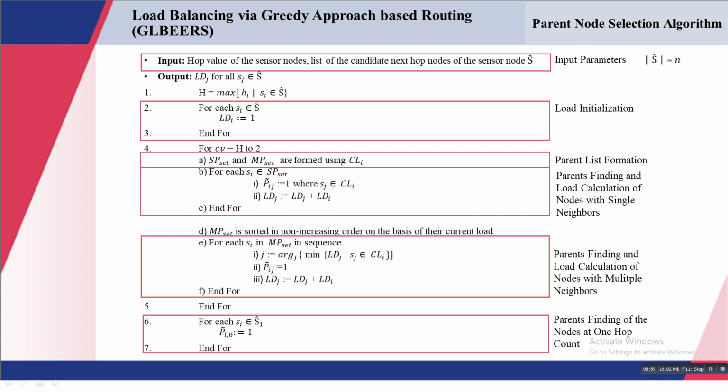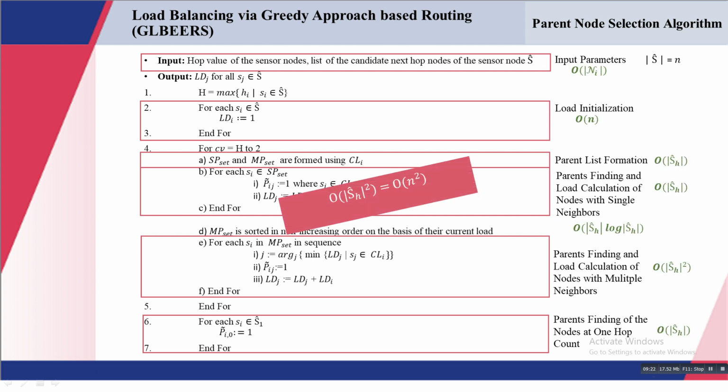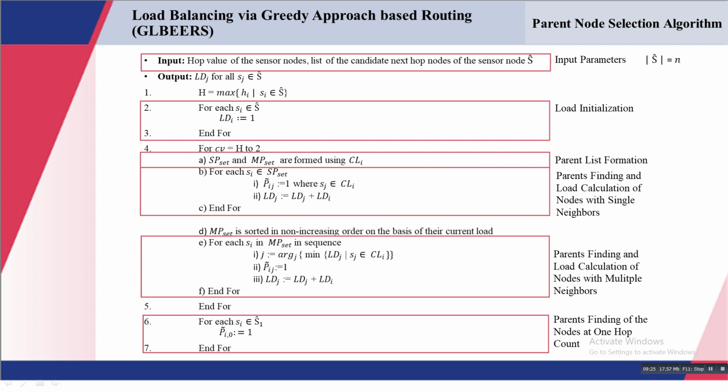And the next situation where we have applied the greedy approach: the nodes which lie in the multiple parent set, we sort them in non-increasing order on the basis of current load. Fine. For each node which lies in the MP set, we select them in a particular sequence, that is, the order in which we have sorted them, decreasing.